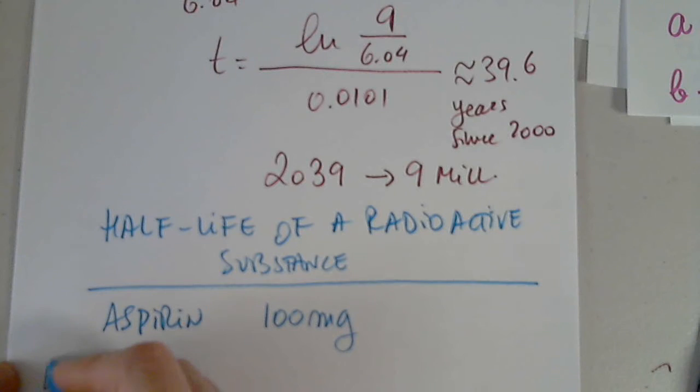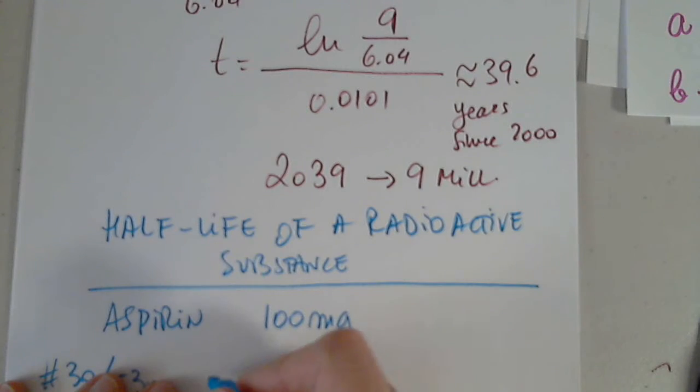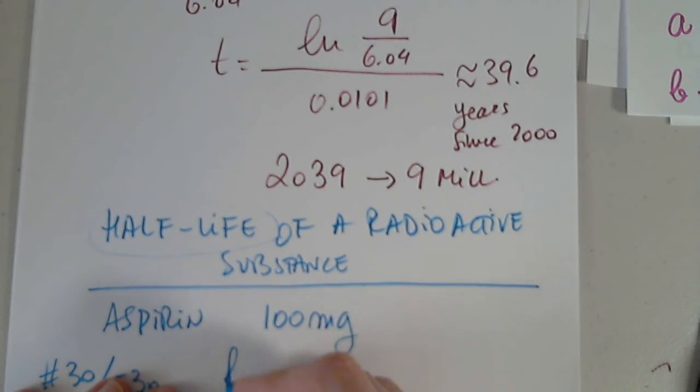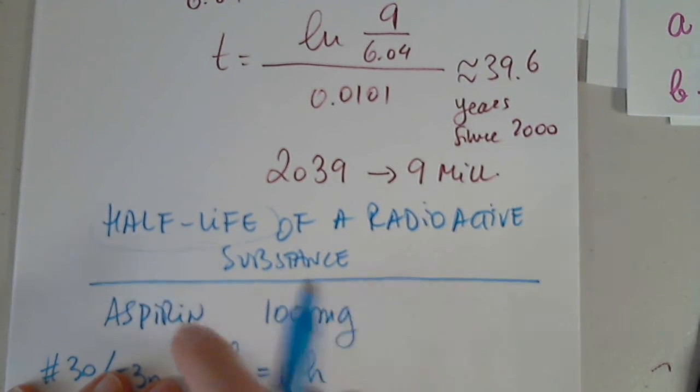Problem 30 on page 530. The half-life of aspirin in your bloodstream is 12 hours. So what does half-life mean? So 12 hours. H, half-life, lowercase h, is 12 hours for aspirin.